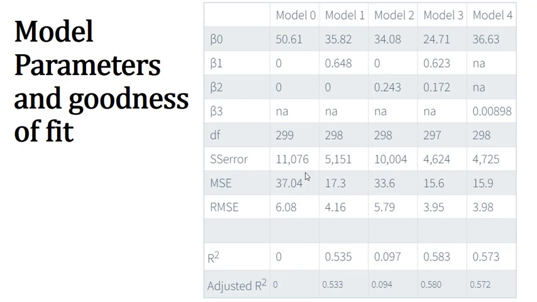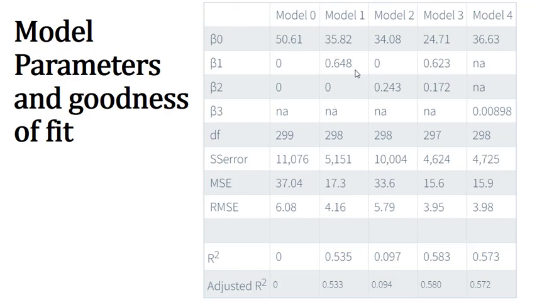Now the other models have to explain as much as they can of these 11,076 sum of square errors. Okay, model 1, the best score for beta 0 is 35.82. The best one for beta 1 is 0.648.